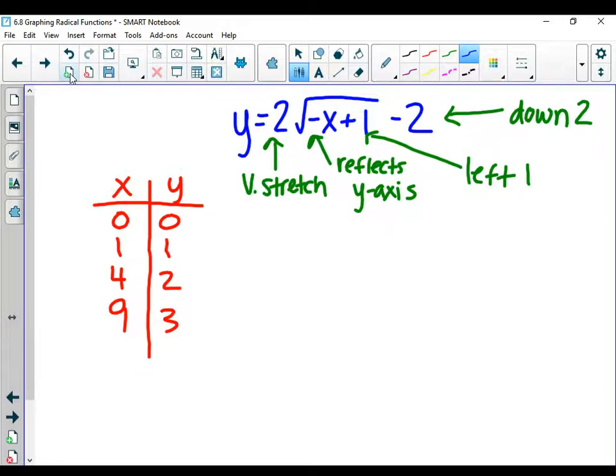So if we're dealing with the vertical stretch, we said that changes our y, and you're going to multiply your y values by that number. So I'm going to do just that. 0 times 2 means 0. 1 times 2, 2 times 2, and 3 times 2. So I've done the vertical stretch.